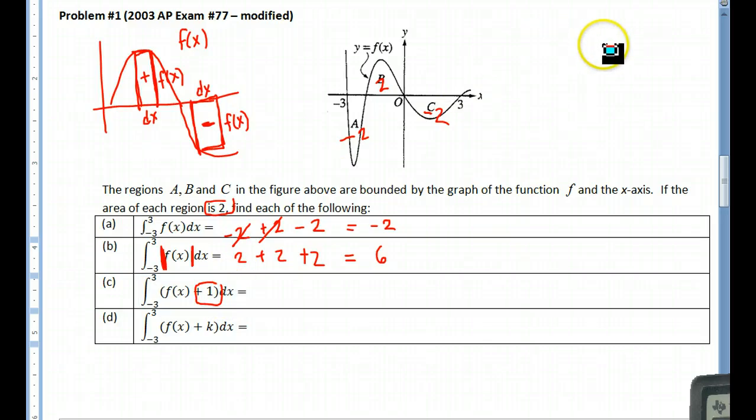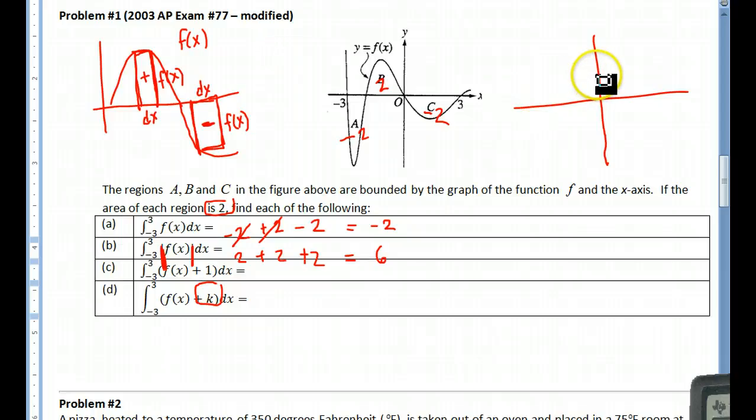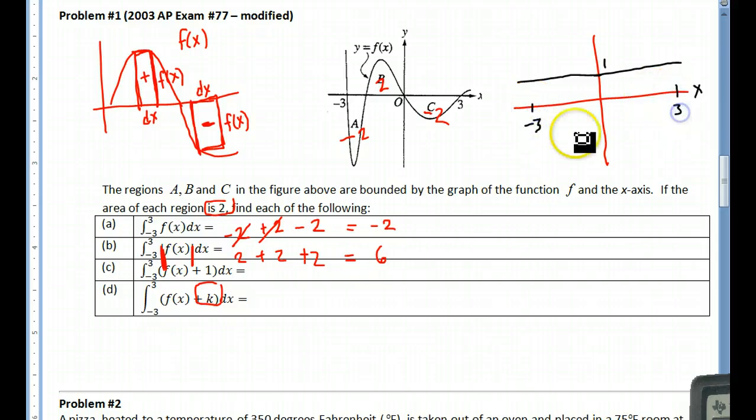So let's think about this. If I have a constant graph, and the height is 1, and I'm going from -3 to 3, how much area under the curve is this?